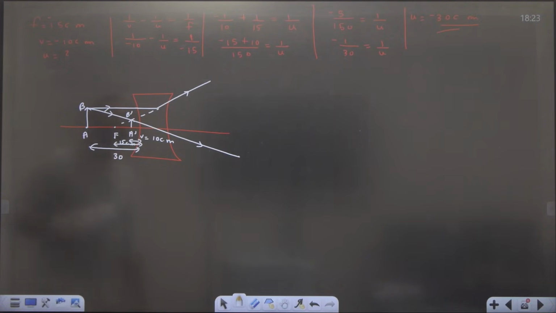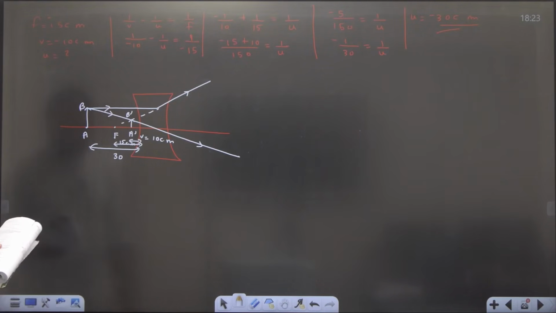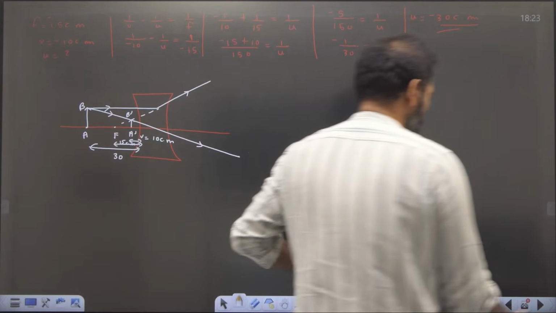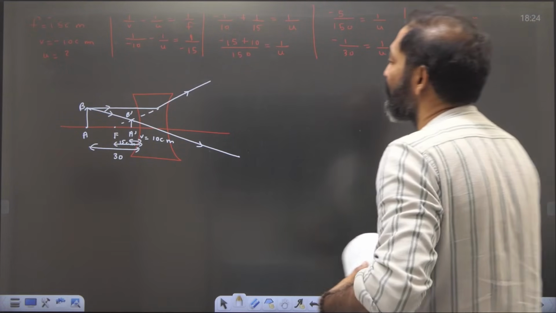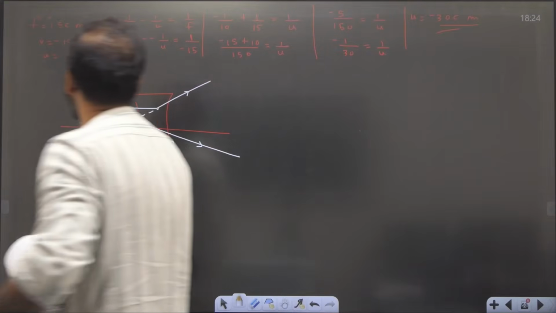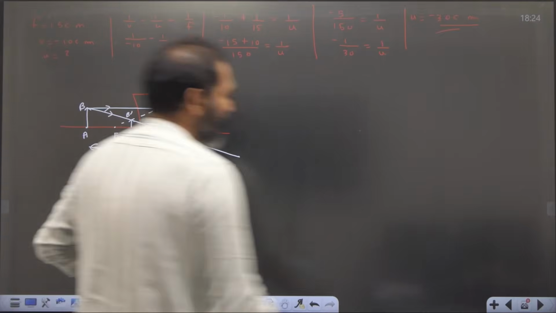What kind of image are we getting? Virtual, erect, diminished. I hope it is clear.